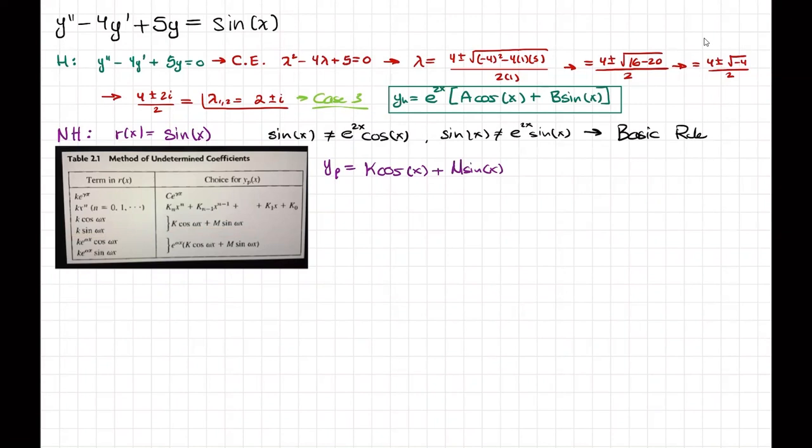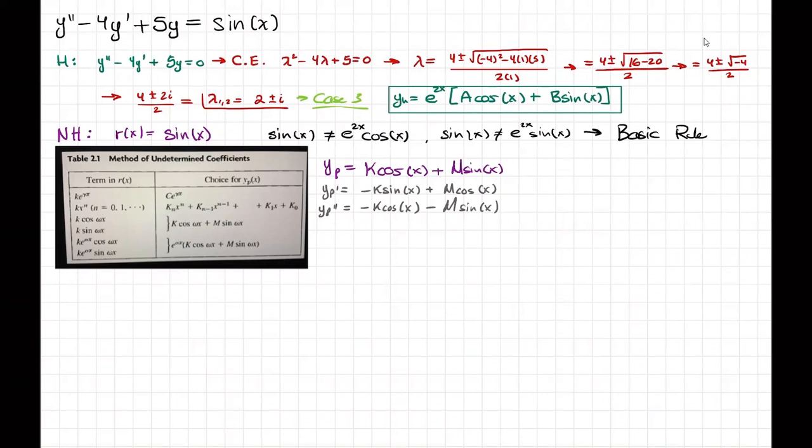So I will need to find its derivatives. Then I have yp prime equals negative k sine of x plus m cosine of x. For yp double prime, I get negative k cosine of x minus m sine of x.